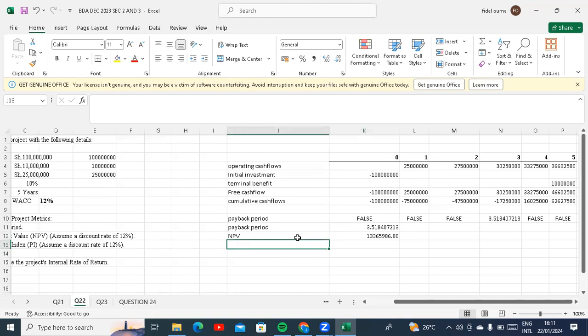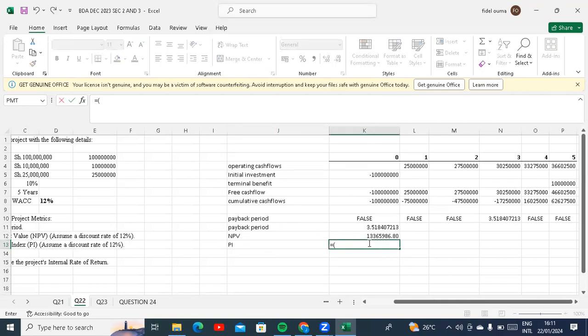Then you go to PI, which is the profitability index. And this is how you do it. You say equals bracket negative, the free cash outlay.